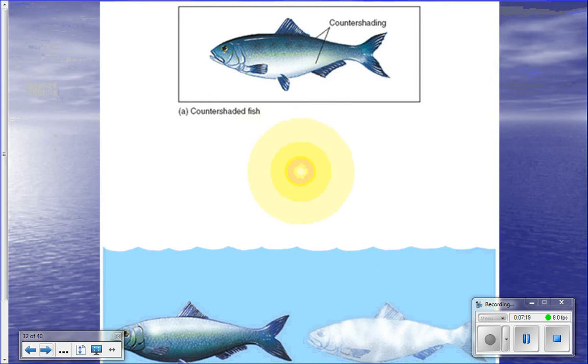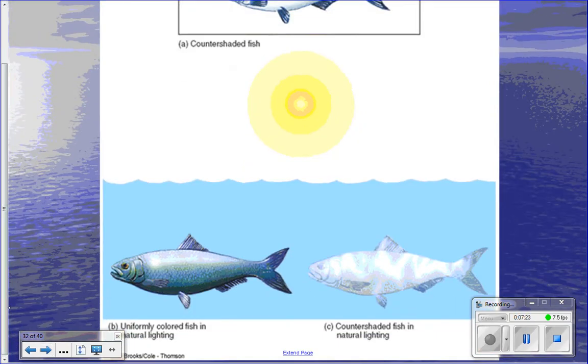If you take that solid blue fish and you stick it in the water in the open ocean, here's what would happen, okay? So that dark blue on the top, it's dark blue on the bottom as well. When the sunlight comes in through the surface of the water and hits the dorsal side of this fish, it's going to cause that dorsal side to look lighter, right? Because the sun's hitting it. It's going to look brighter, okay?